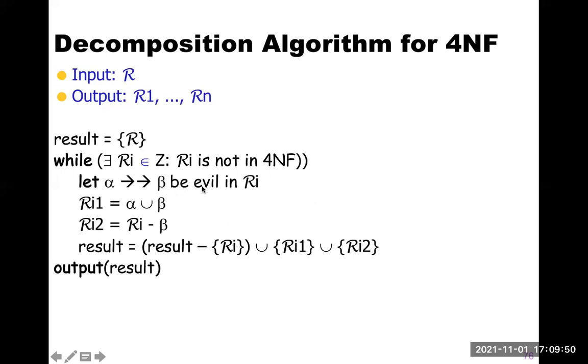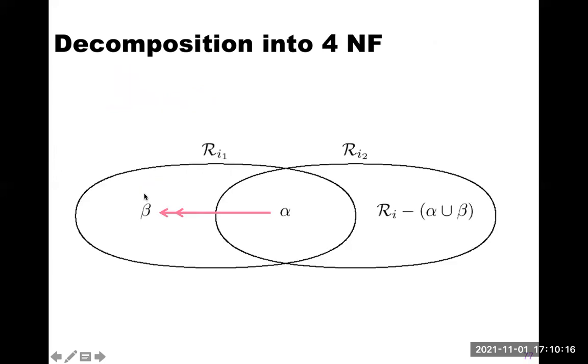If some dependencies are still violated, so still evil, then I decompose them further. Essentially, the operation is the same. The only difference with the decomposition algorithm for third normal form is the kind of dependency. In third normal form, in Boyce-Codd normal form, I have just functional dependency, and here I have multi-value dependency. So we may draw it this way.